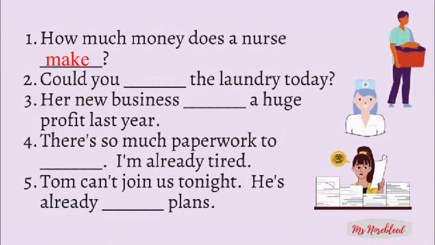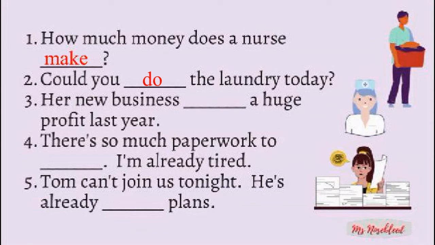Yes, that's right. Make. How much money does a nurse make? Number 2. Could you blank the laundry today? What do you think? That's right. Could you do the laundry today? Number 3. Her new business blank a huge profit last year. Now, look at the sentence.